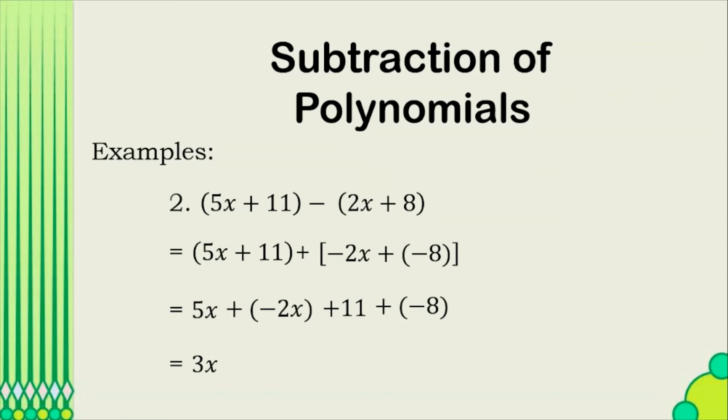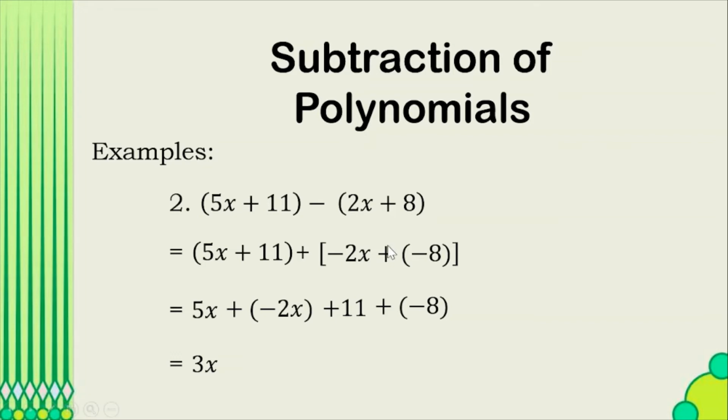Now, subtract their absolute values. 5 minus 2 is positive 3. Now, what is the sign of the number with a greater absolute value? So, it is positive 5. That's why our answer is positive 3x. x is the literal coefficient. So you just need to copy that.